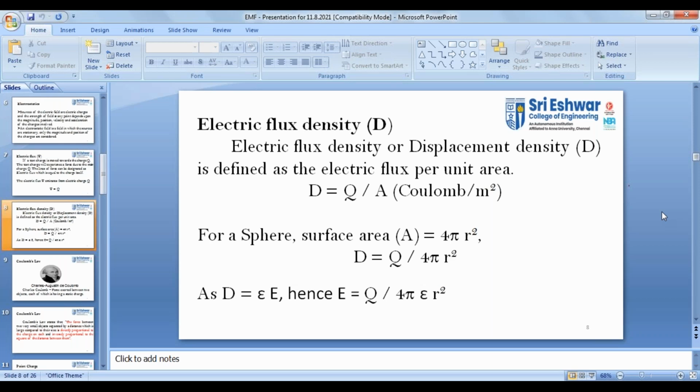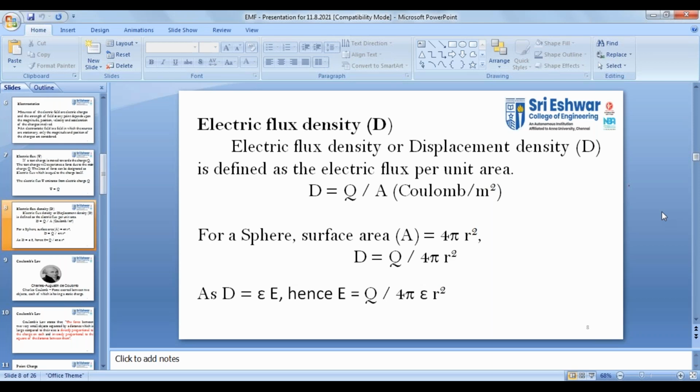In the same way, flux density, whose other name is displacement density, with notation capital D, is defined as electric flux per unit area. Whenever the term density comes, it has to be divided per unit area.